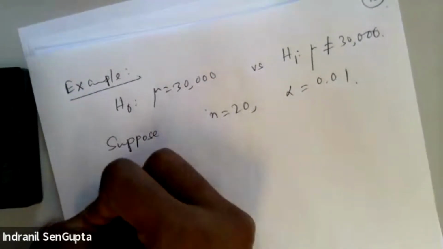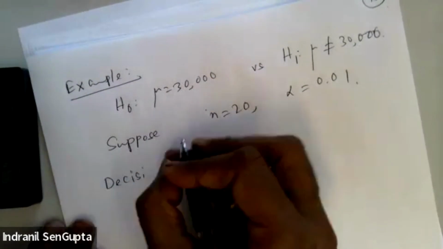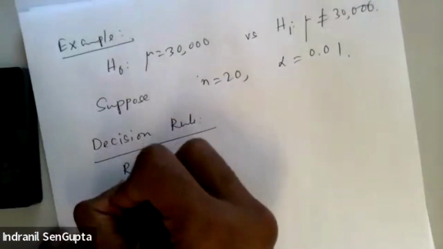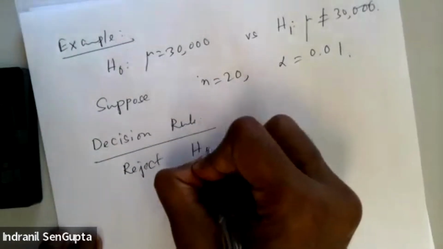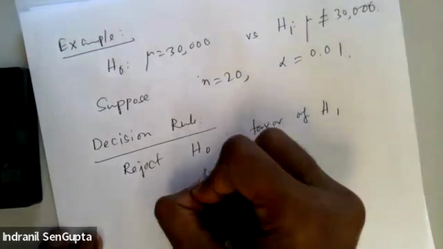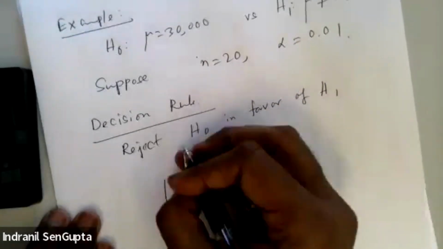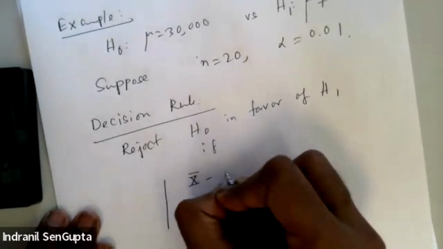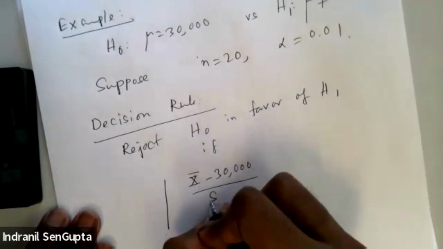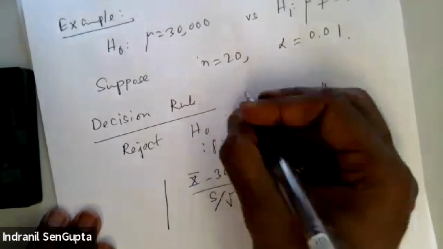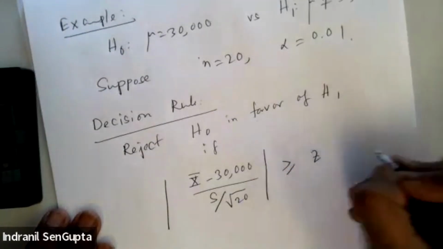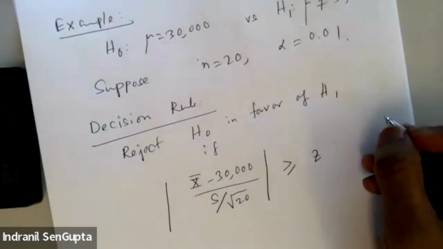So that means the decision rule is: reject H0 in favor of H1 if (X bar minus 30,000) over S over square root of 20 is more than z of alpha over 2.